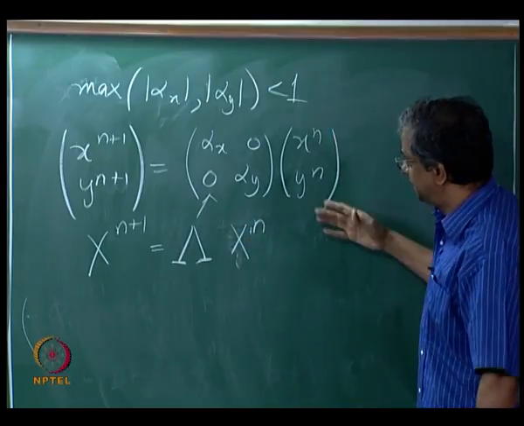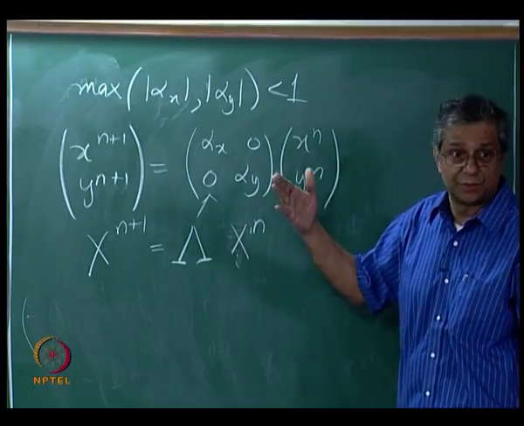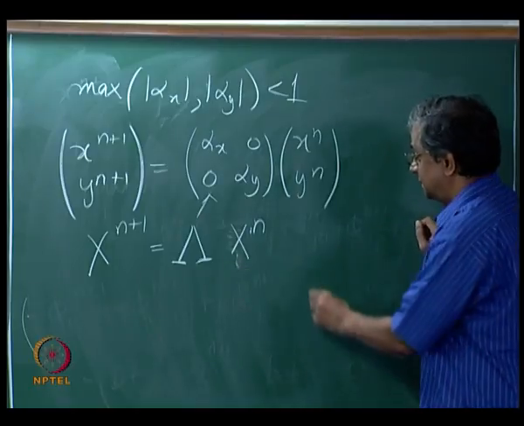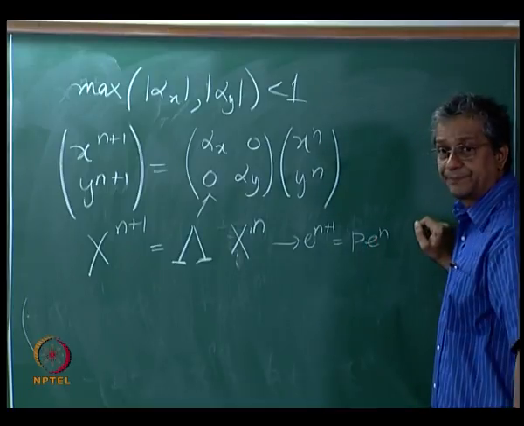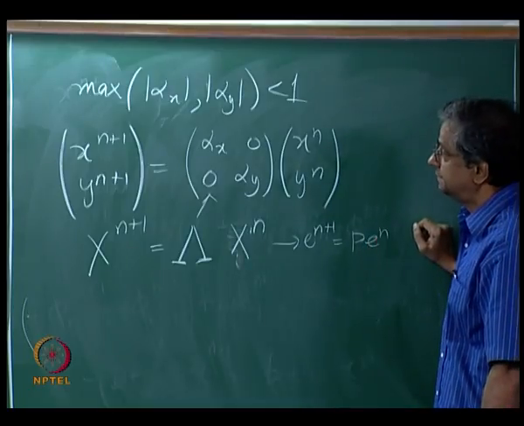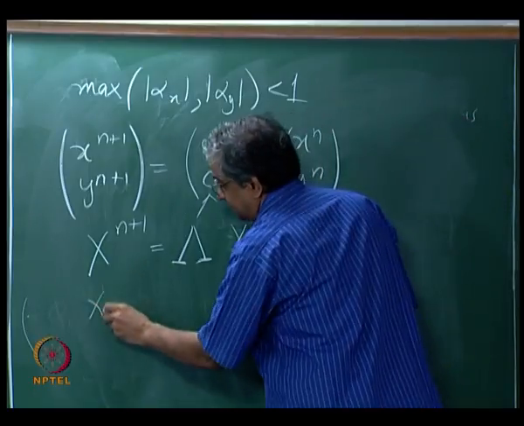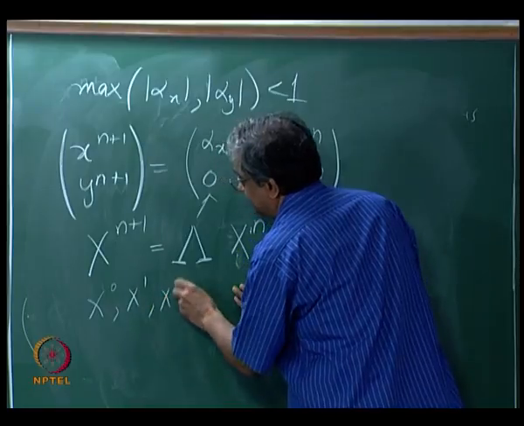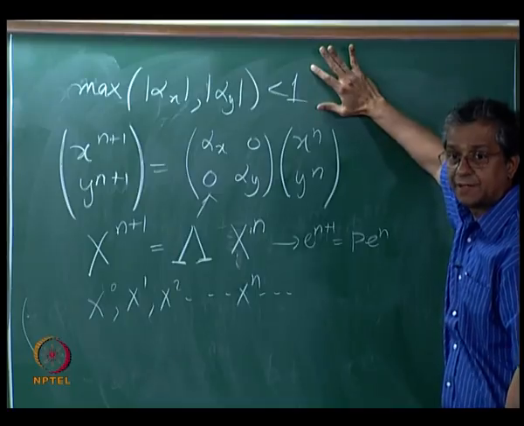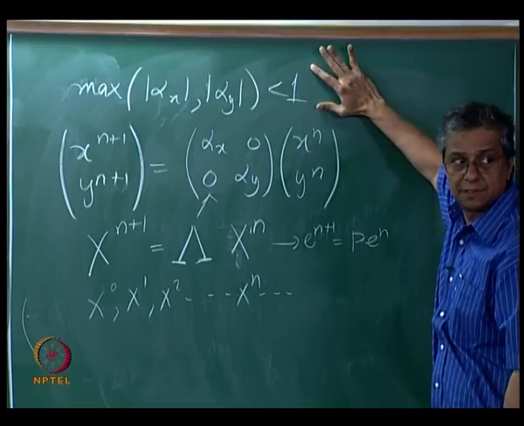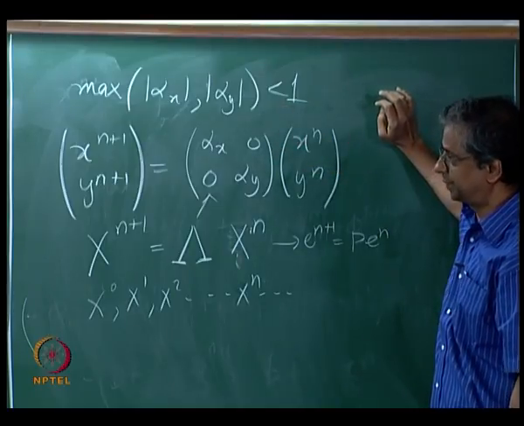So the matrix form of this equation can be written in this fashion and it looks suspiciously like what we were talking about earlier. It looks very much like E n plus 1 is P times E n, that is where we are going. And this sequence of x's, x0, x1, x2, xn converges if the maximum of modulus alpha x and alpha y are less than 1, that is what we have.